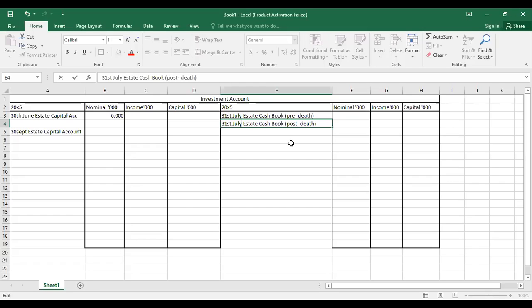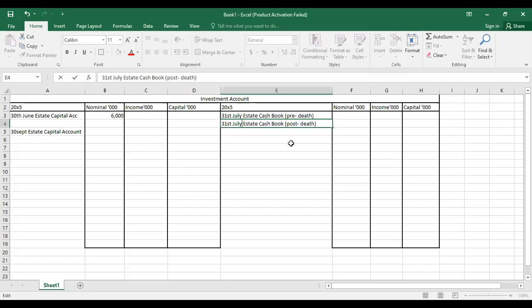We are going to apportion it. When we are talking of pre-death, it will be apportioned. What you've gotten is for the year, so 90,000. We need to apportion it. That is interest for 6 months.